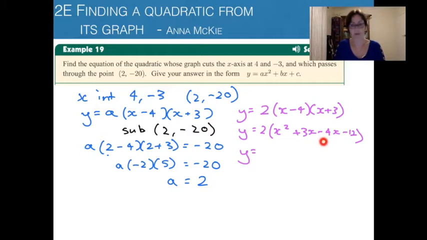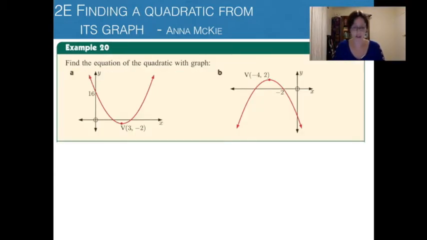This becomes -x, but when you multiply it by 2, you get -2x, and at the beginning 2x squared, and don't forget -24 on the end. So check that we've answered the question. Yes, we've given it in that form, and that's our answer. You can always graph that on your calculator and see if it goes through that point and if it's got those x-intercepts.